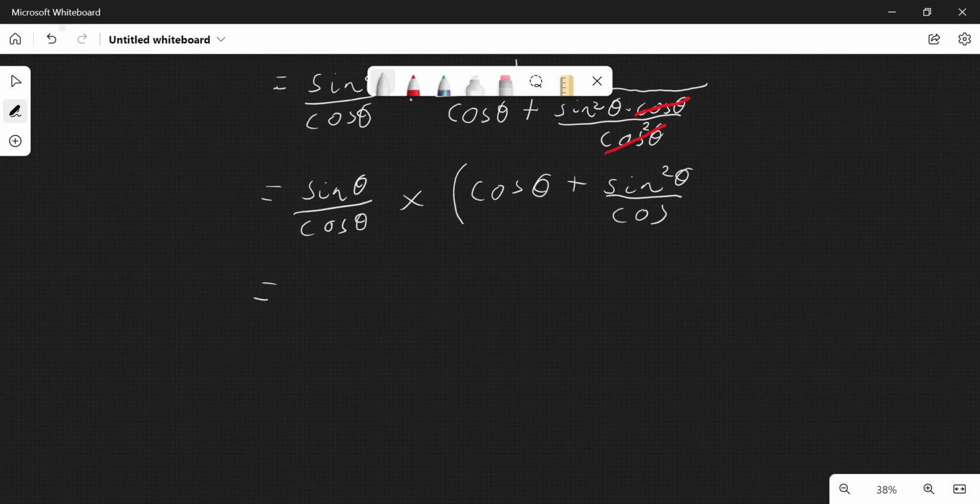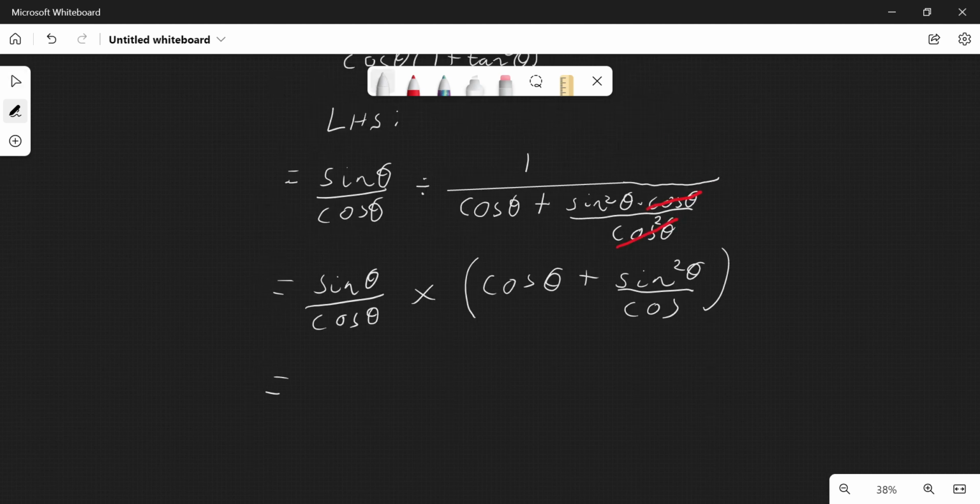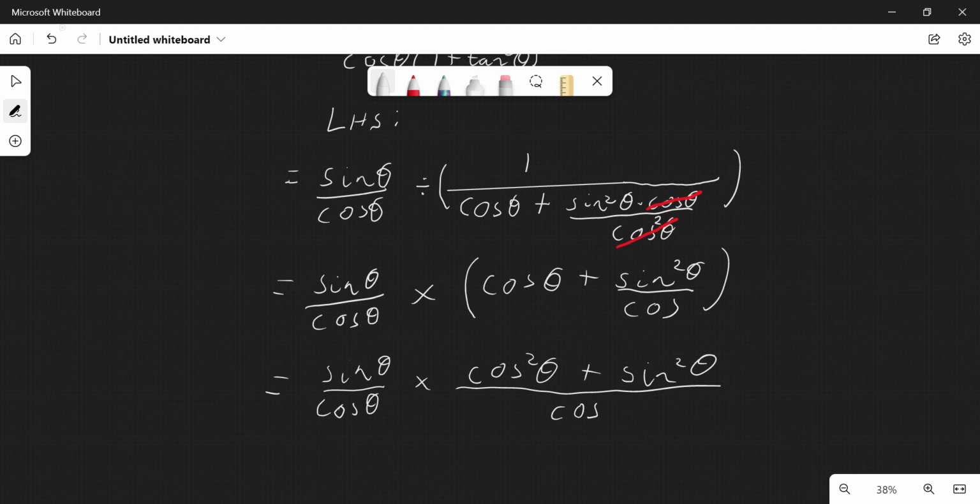Sine theta over cos theta times our lowest common denominator cos theta, so that's going to give us cos squared theta plus sine squared theta over cos theta, and that should give us 1.